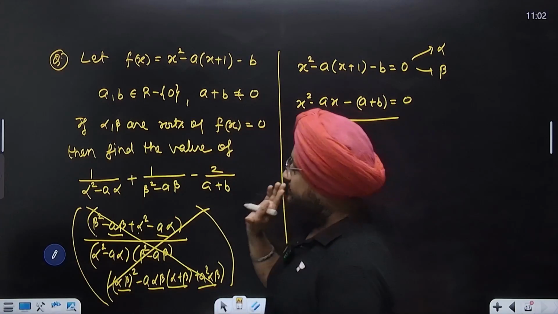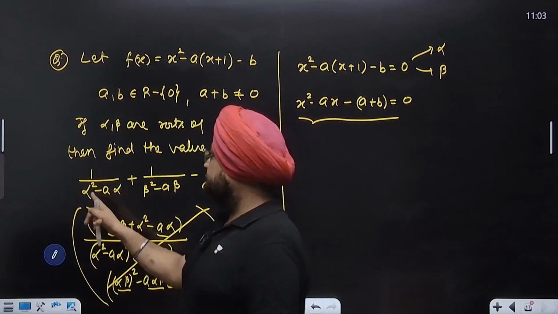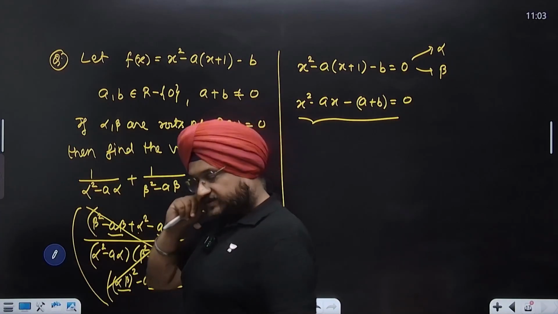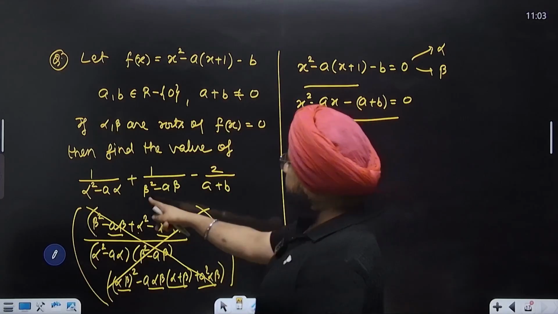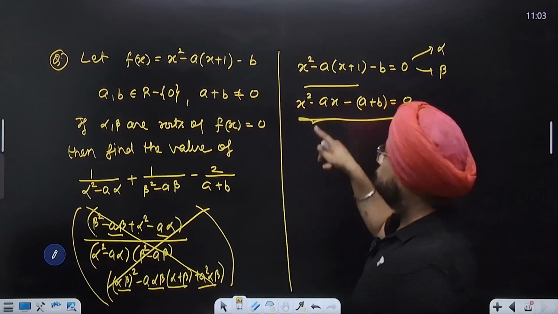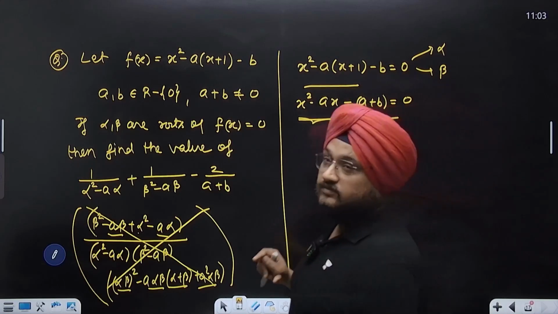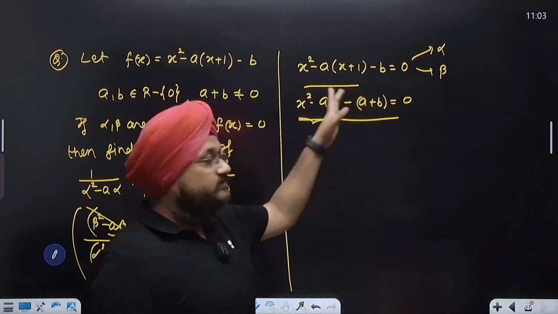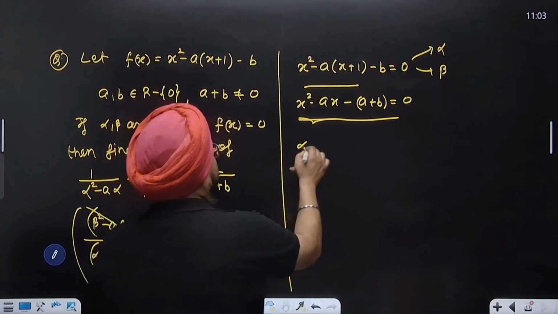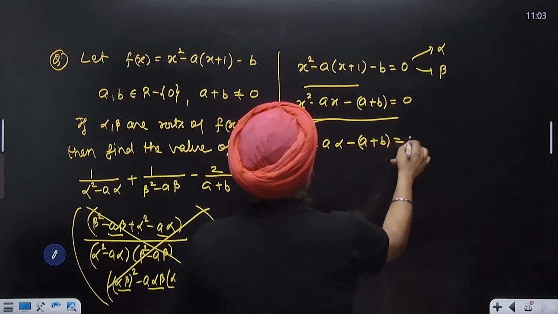We are thinking that in this expression alpha square minus a alpha is given, and the equation is x square minus ax, beta square minus a beta, x square minus ax. We know that alpha and beta are the roots of this equation. So if we satisfy this equation by alpha and beta, we get alpha square minus a alpha minus a plus b equal to 0.